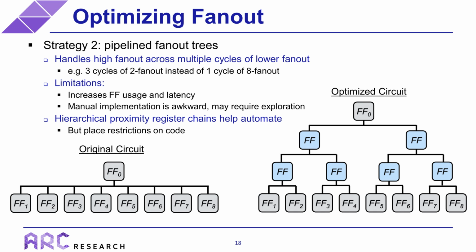Basically, this feature allows you to add registers before a Fanout source, and then Quartus will retime the design to automatically create the illustrated tree structures. One limitation of this register chain feature is that it places restrictions on your code that might require significant design changes, at which point a manual implementation might be more effective.